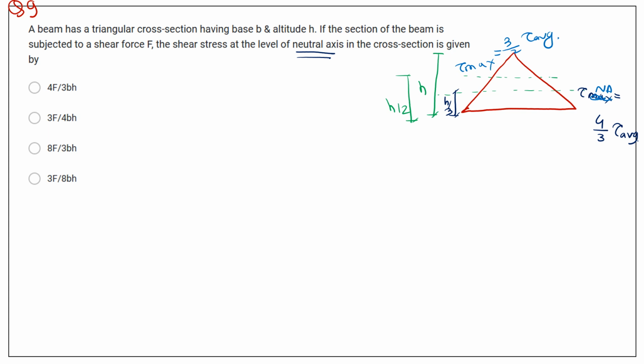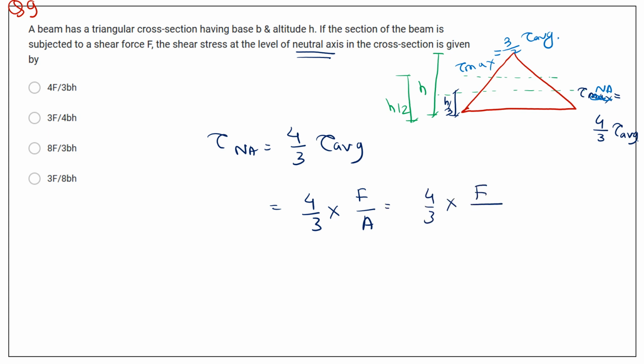But here they ask about the neutral axis, so we take the shear stress tau at the neutral axis equal to 4 by 3 tau average, which is 4 by 3 into F divided by A.